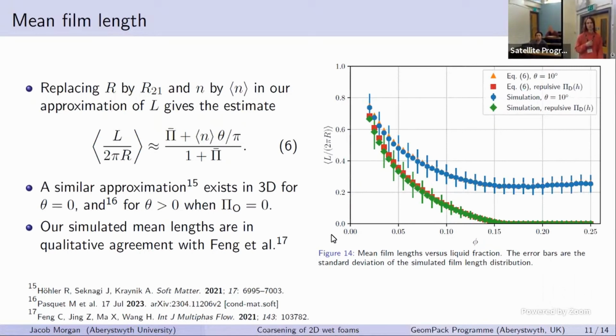We tend to use a film thickness of about a hundredth of the mean bubble radius. This will obviously affect the result somewhat, but it would be interesting to investigate the extent to which that occurs. We have not done so systematically as yet.